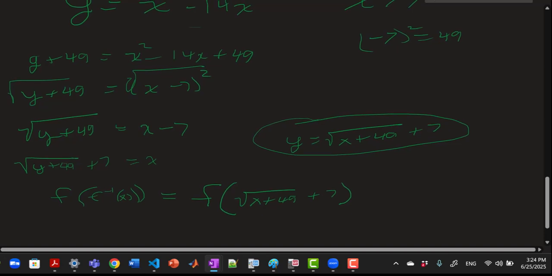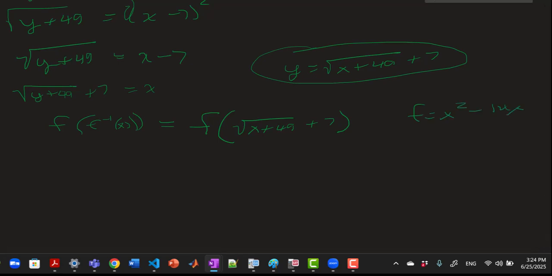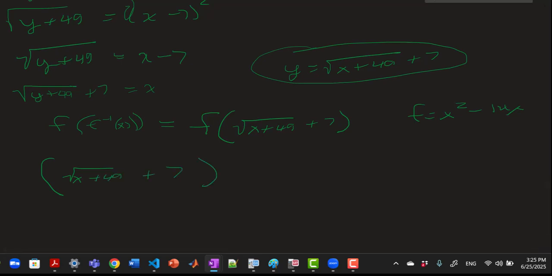Now f was x squared minus 14x. So f of the square root of x plus 49 plus 7 is the square root of x plus 49 plus 7, all squared.